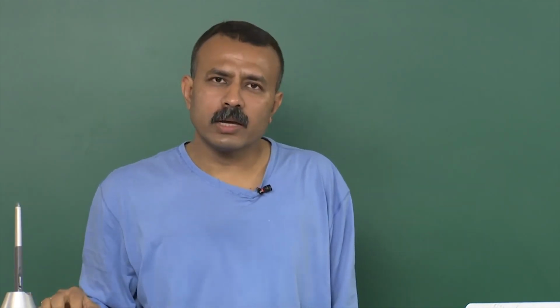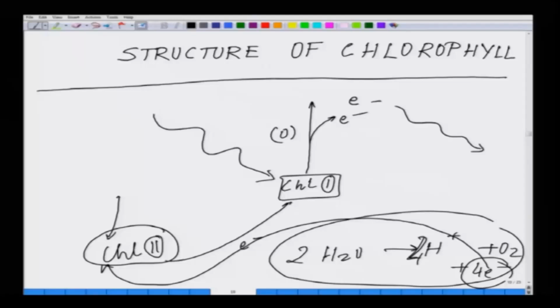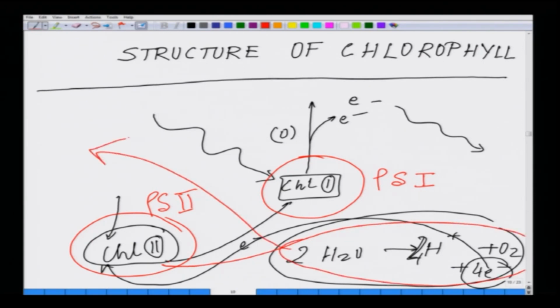So essentially in photosynthesis, we will be talking about three things. We will be talking about this chlorophyll which forms photosystem 1, this chlorophyll which forms photosystem 2, and this chlorophyll molecule is coupled with this wonderful water splitting machinery.